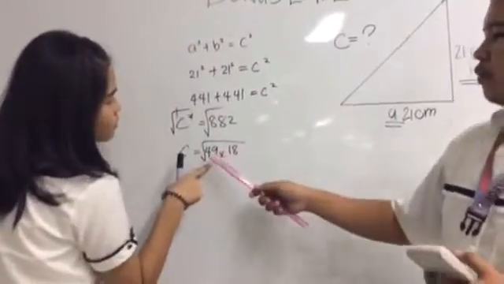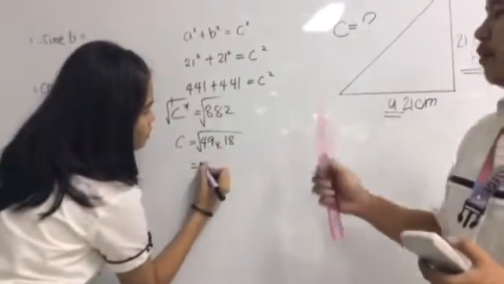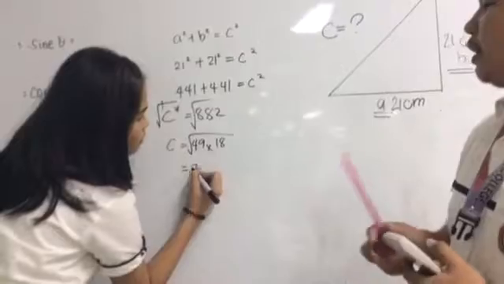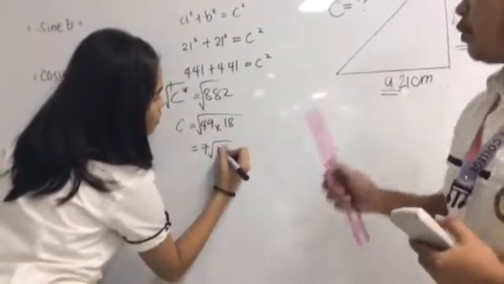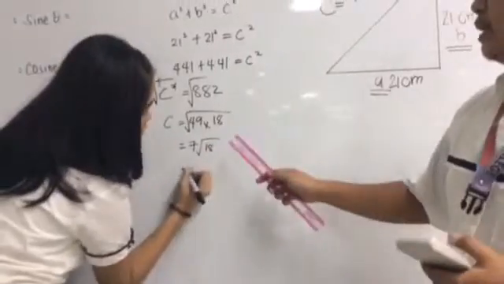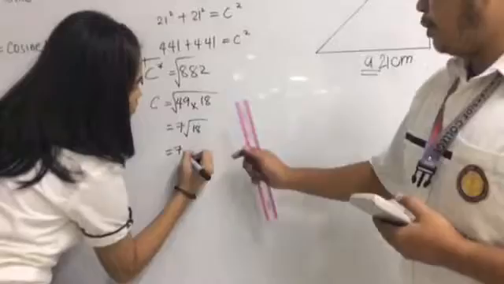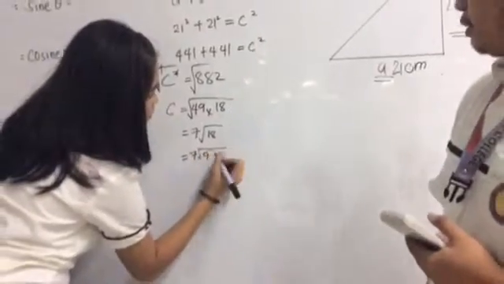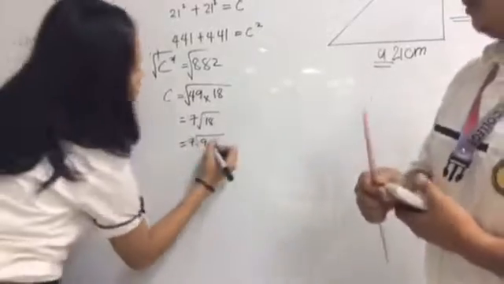Because 49 is a perfect square, we can take it out of the radical, and we get 7 square root of 18. Because 18 has a perfect square factor, 7 square root of 9 times 2.